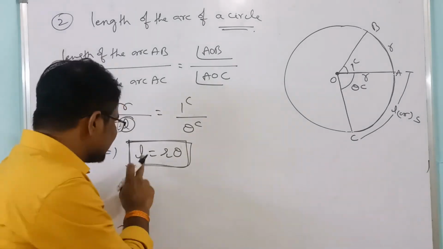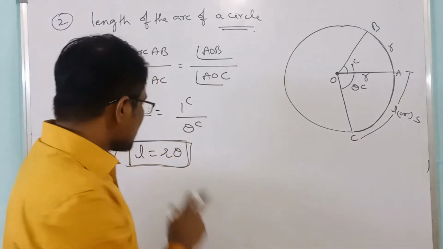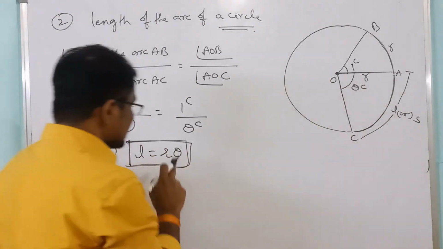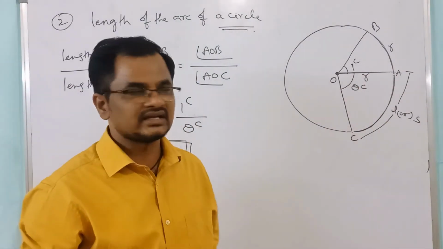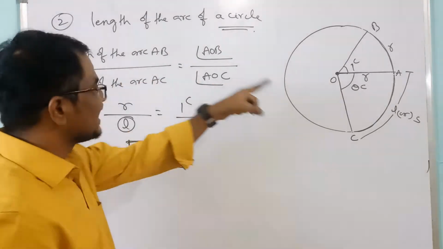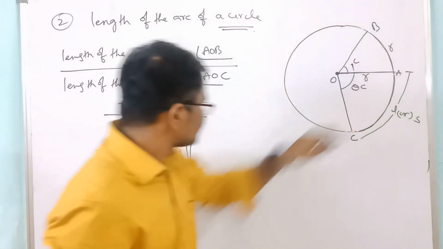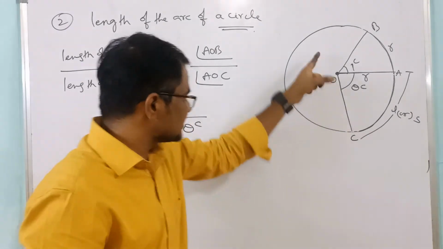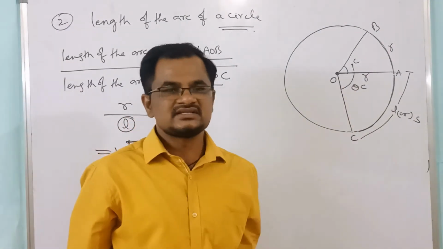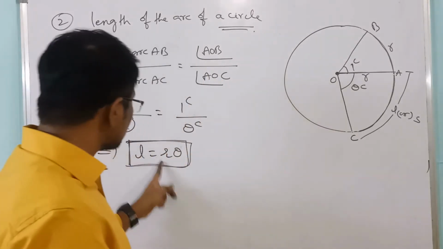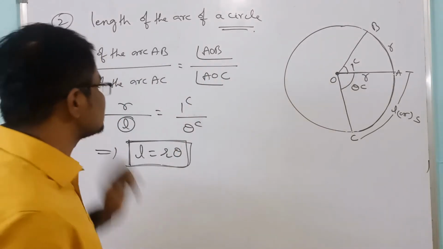Where L is the length of the arc, R is the radius of the circle, and theta is the angle subtended at the center of the circle, right? L is the length of the arc, means this length suppose. So this is the formula for finding the length of the arc of a circle.